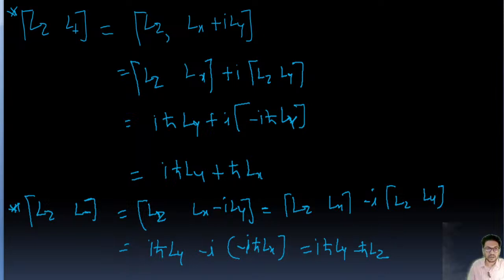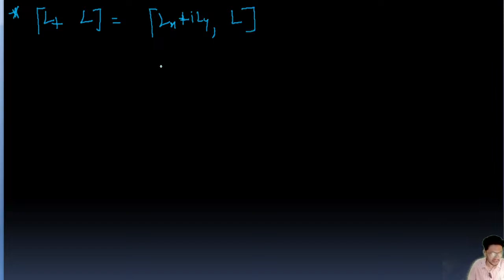Okay, next property. This is L plus L squared. L plus means Lx plus iota Ly, comma L squared, right? So this is going to be Lx L squared plus iota outside Ly L squared.